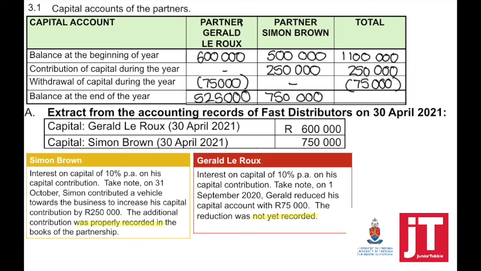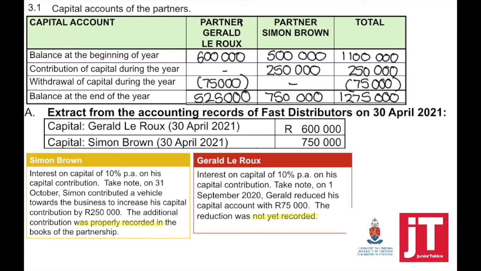To calculate the total, we are going to take partner Gerald plus partner Simon equals the same contribution per capital, nothing, plus 250,000 equals minus 75,000 minus nothing equals.